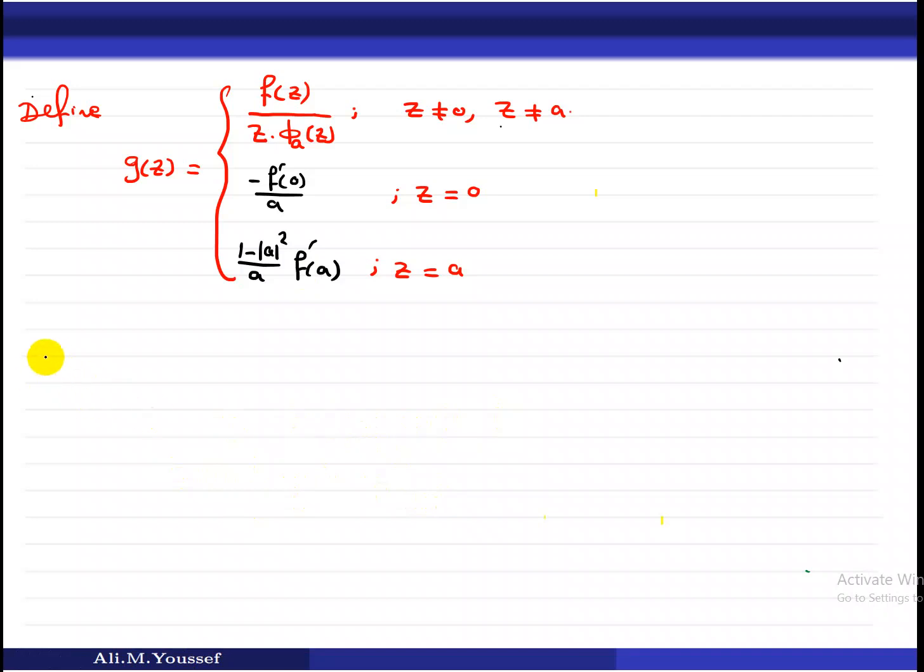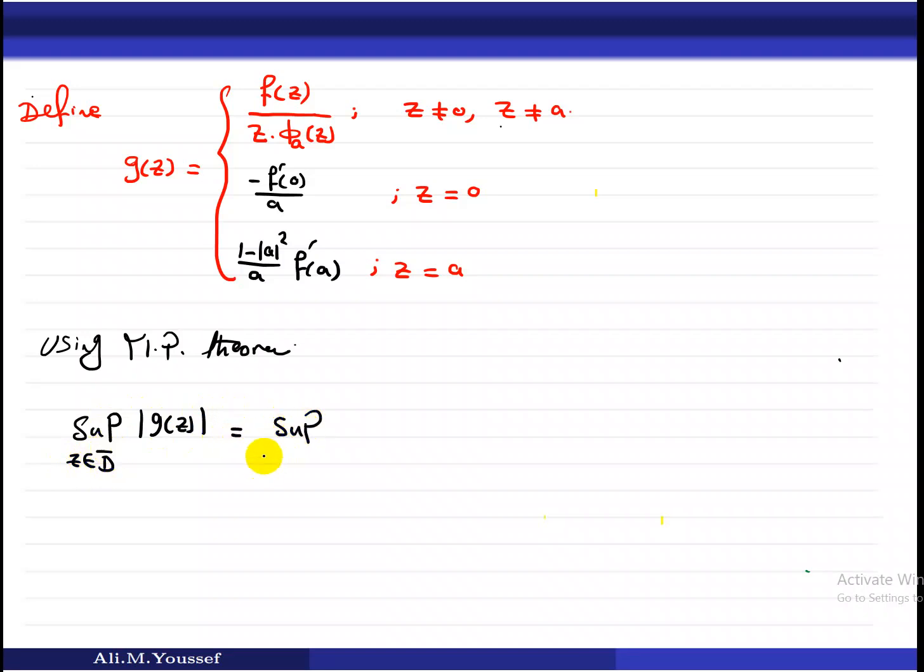So here, using the maximum principle theorem, we have the supremum of the function g of z, the same thing, z in the closed disk, is equal to the supremum when the modulus of z is equal to r, of g of z.